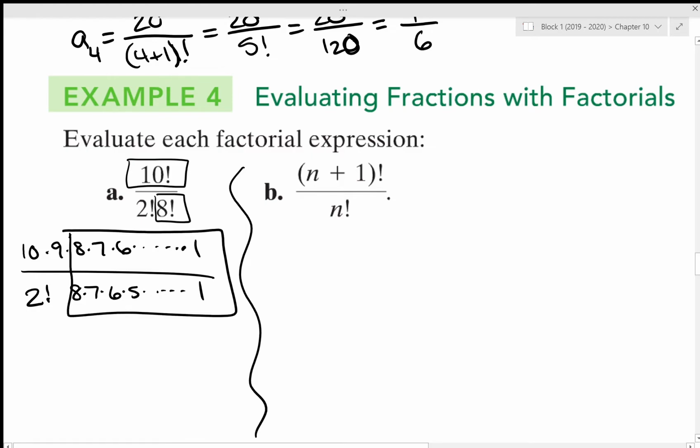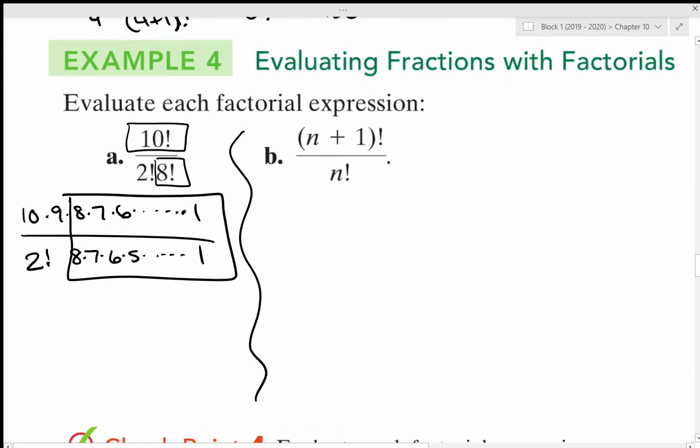So I can rewrite that fraction as 10 times 9 times 8 factorial. I always write the top one as whatever it is, and once I get to the matching number on bottom, so 8, I just put the factorial, because I know it's going to be everything all the way down, the same as the other. So 2 factorial times 8 factorial.